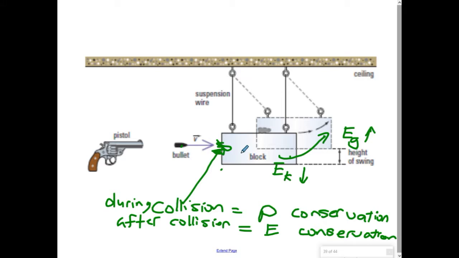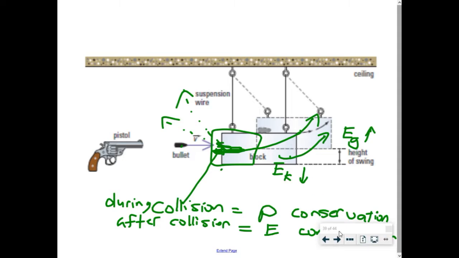If you imagine these lines are heat escaping as the bullet burrows its way inside the block, sure, the bullet lost some heat, but didn't the block absorb it? So as a system, doesn't it still maintain the same energy it always had? Based on that, ideally, momentum should still be conserved, and we can hopefully calculate how much momentum occurred during this collision. After this collision occurs, the momentum is going to cause this block to swing upwards, and therefore kinetic energy will decrease, causing the block to go up, increasing your potential energy.